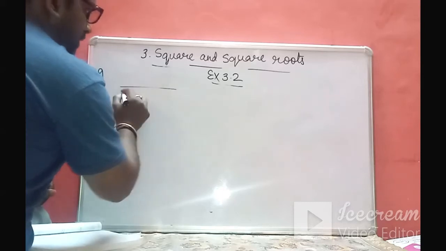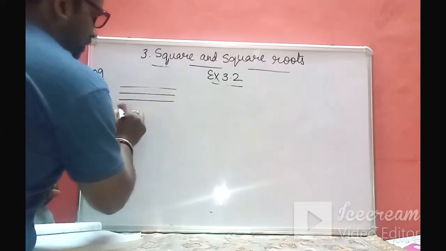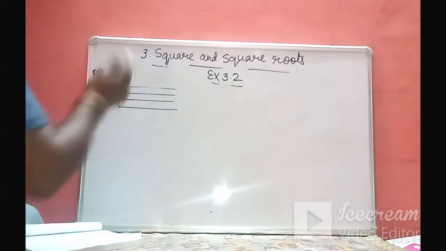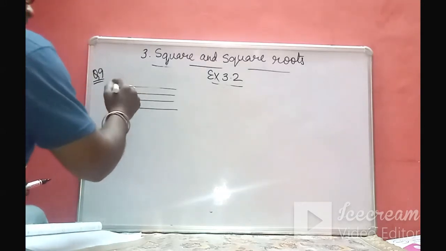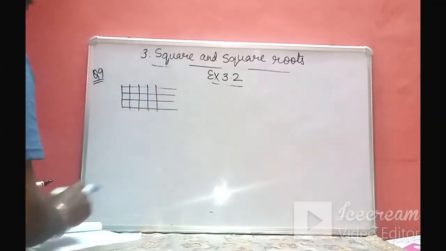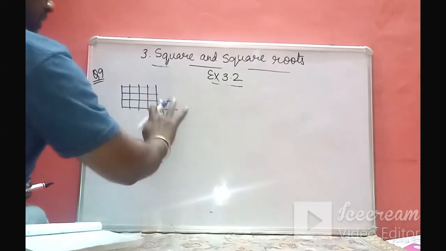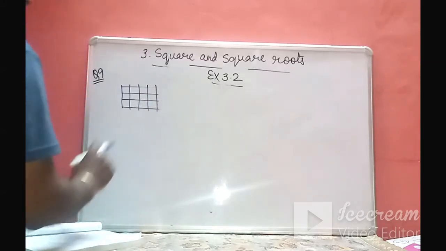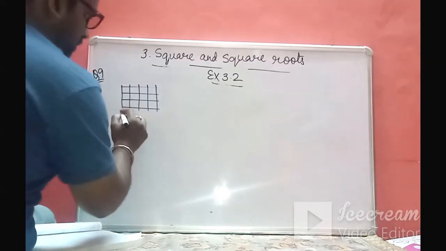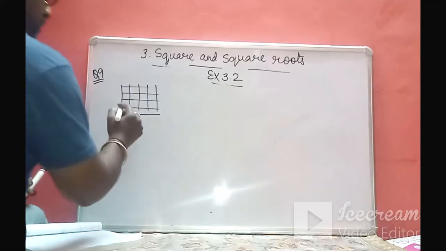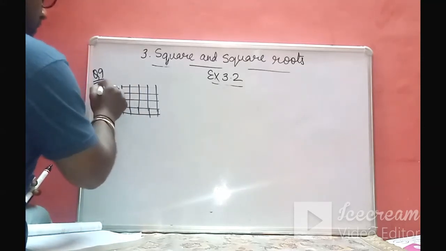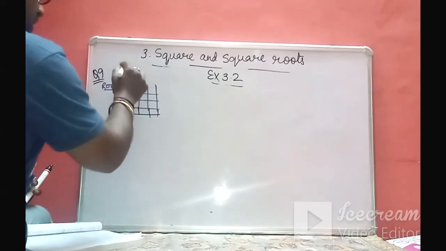So horizontal lines are rows and these vertical ones are known as columns. Like this. Suppose this is the arrangement. I have made 4 columns and let's make 4 rows. So like this he wants to arrange. This is a row and these are the columns.